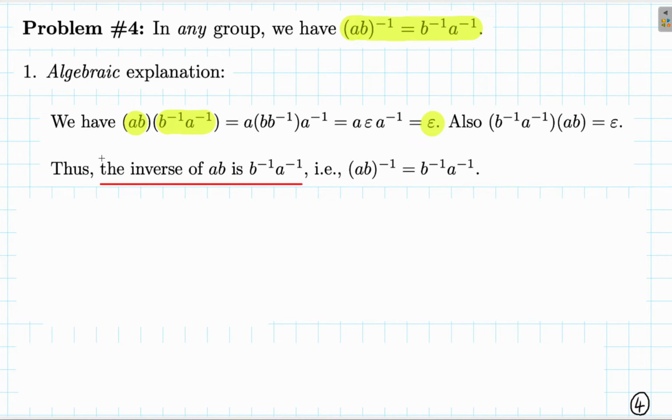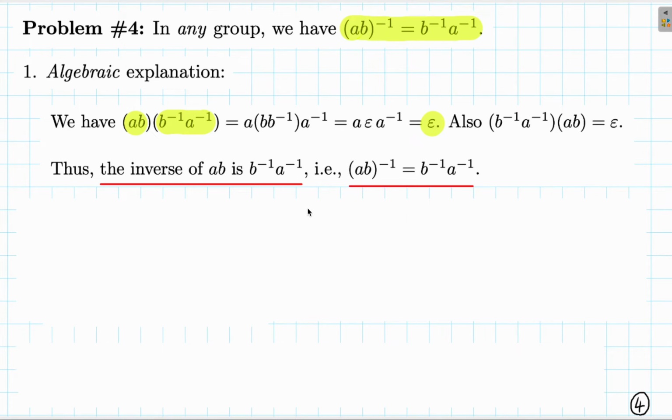If we translate this into symbolic form, it turns into the inverse of AB is equal to B inverse A inverse. And so that's how we justify the expression right here.